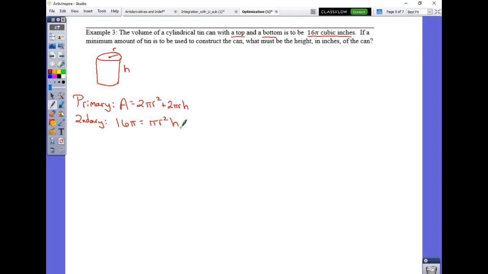So we have some options. We can either solve for h, do the problem in terms of r, and then move on from there. Or we could try to get r by itself. So I'm looking at the secondary equation. There's a couple things I might opt to do here. For instance, I'm noticing I can divide out a pi, leaving me with 16 equals r squared h.